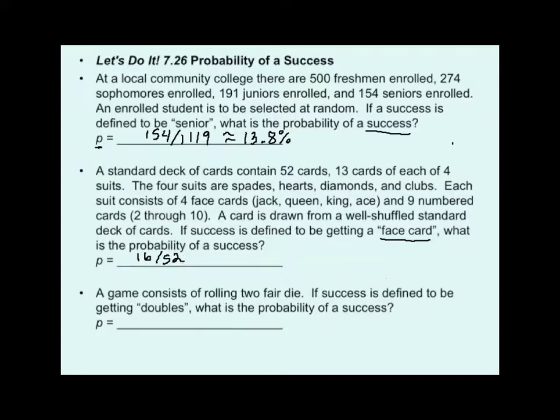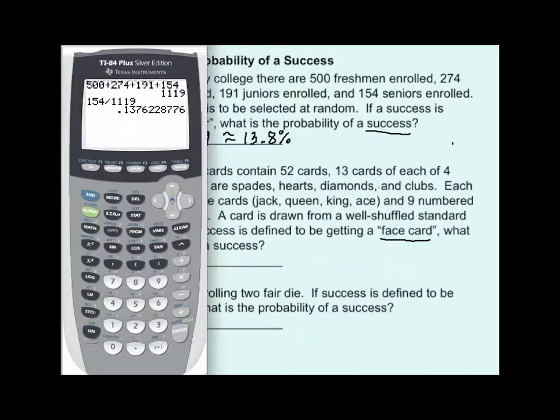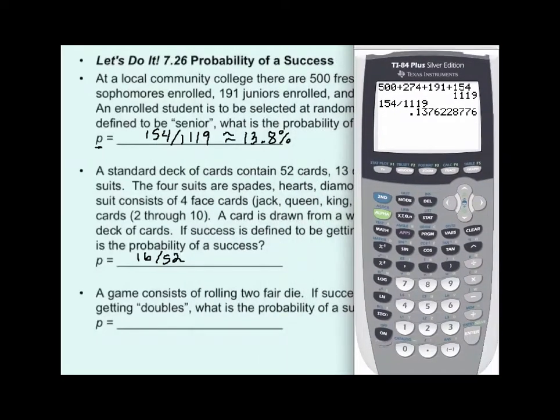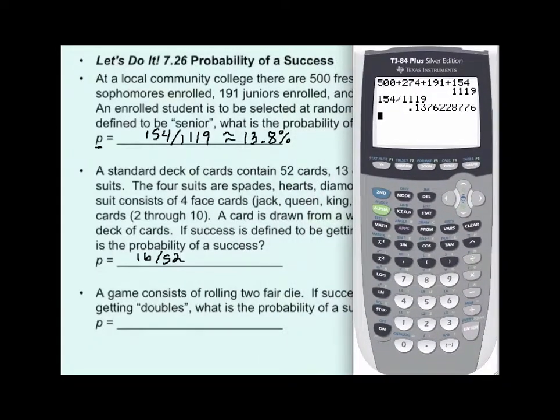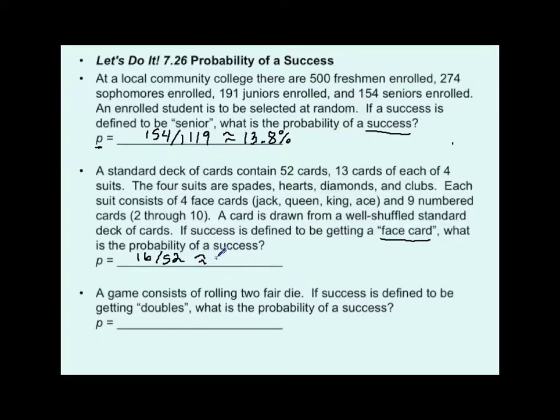Okay. Now again, not a bad idea to give your viewing public that number as a decimal, so you can turn it into a percentage. So we're going to take 16 divided by 52, which is about 30.8%. So about 30.8% of the time you'll get a face card on your first draw.